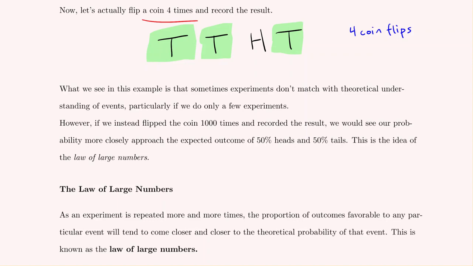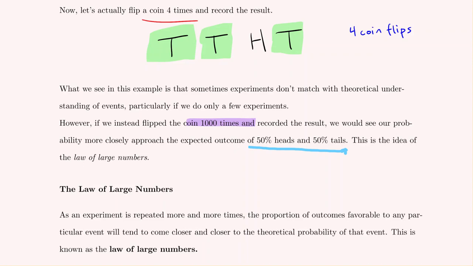Even more so if I flipped the coin 1,000 times and recorded the result. The more coin flips that I have, the more likely that the result of my experiment will approach the theoretical expectation of 50% heads and 50% tails.